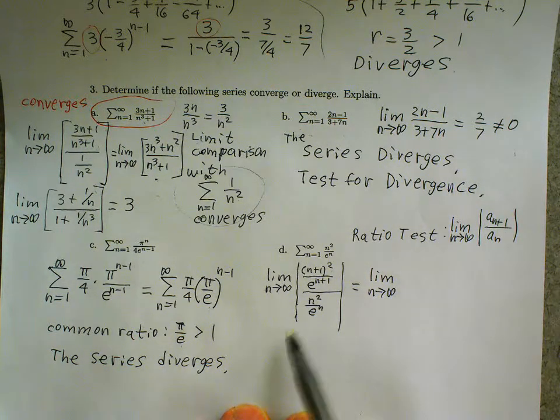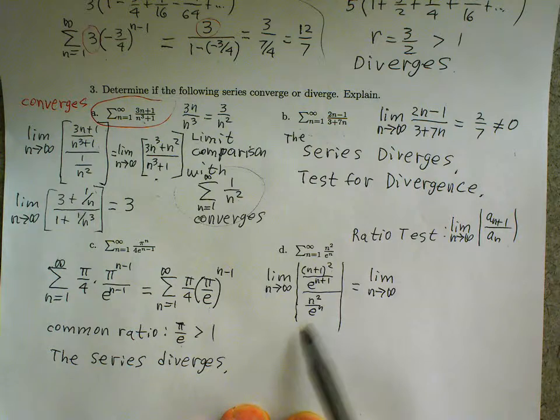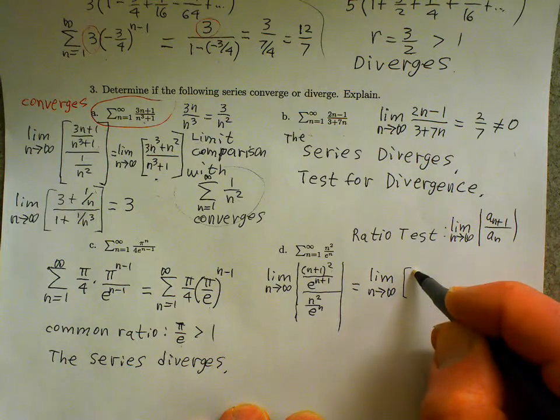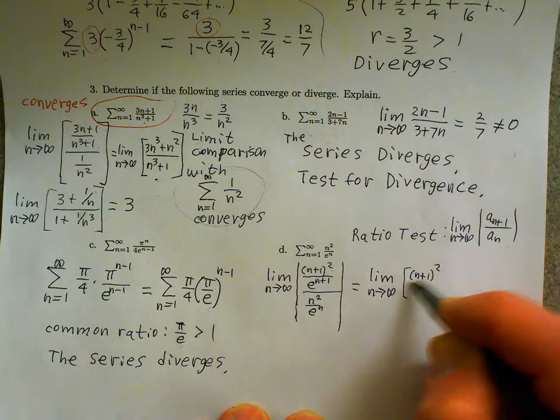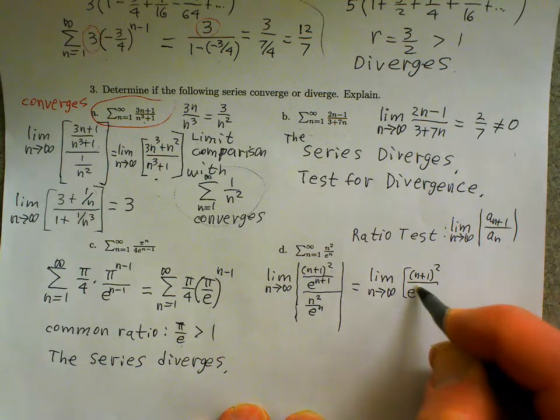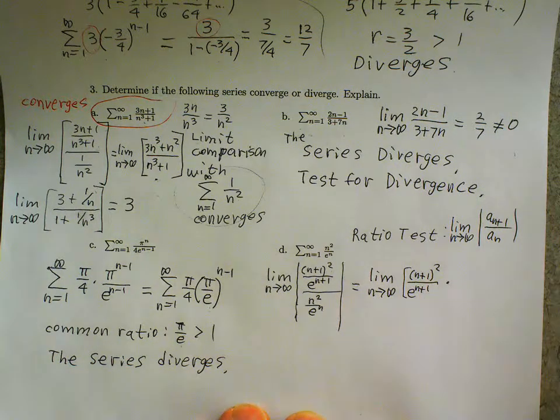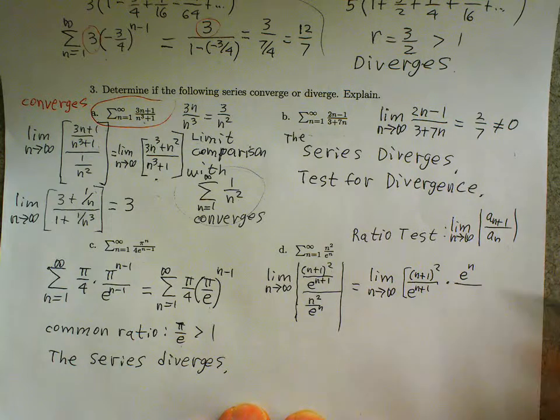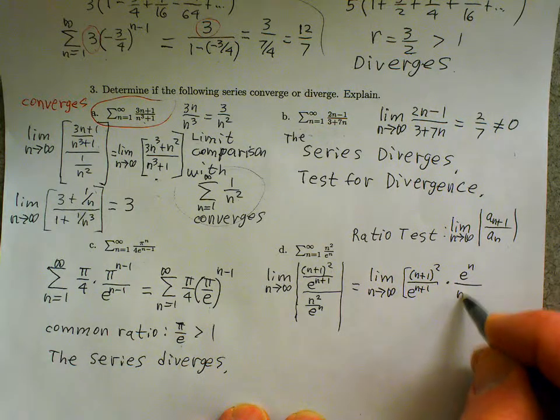We can remove the absolute values because all of the terms are positive. We'll get n plus 1 to the second over e to the n plus 1 times e to the n over n to the second.